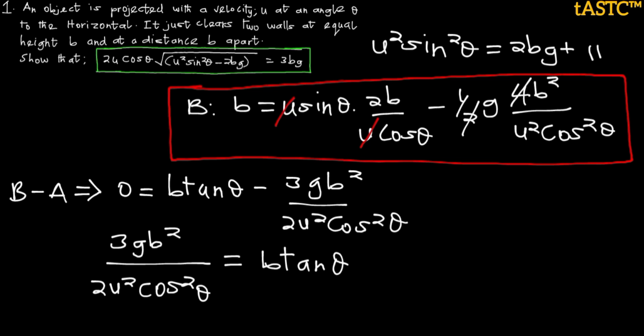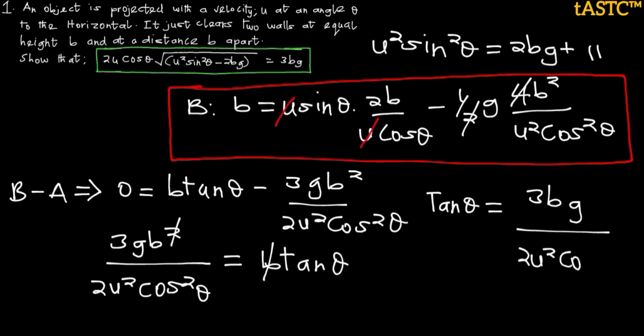Now the next thing I'm going to do here is take out one of the b's because we got a b here, and there is also another one there. So from here we should have tan theta be equal to 3bg divided by 2u squared cosine squared theta.